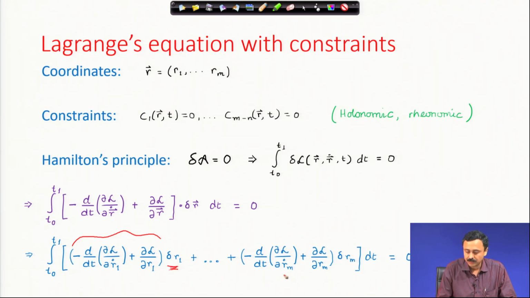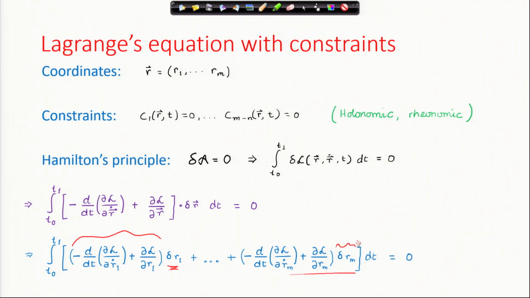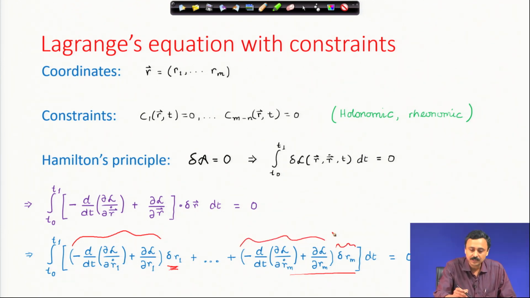And similarly, this is the mth physical coordinate variation, and this is the coefficient. Now, this delta r1, delta r2, delta rm are not independent because of the constraints that we have.